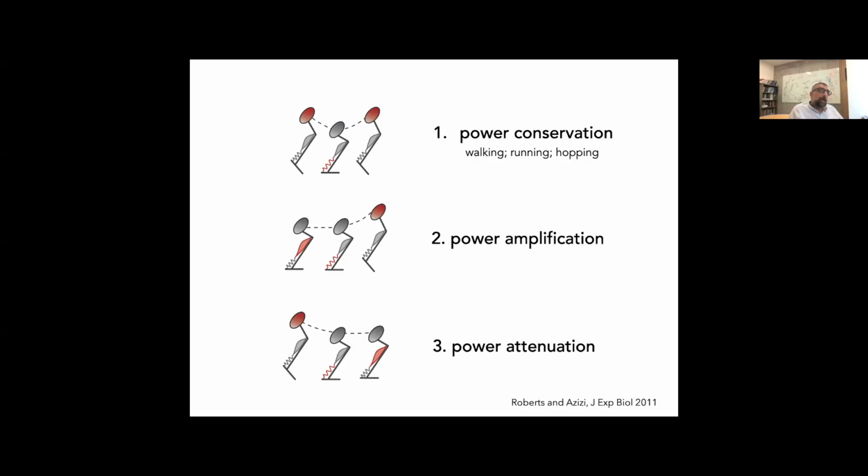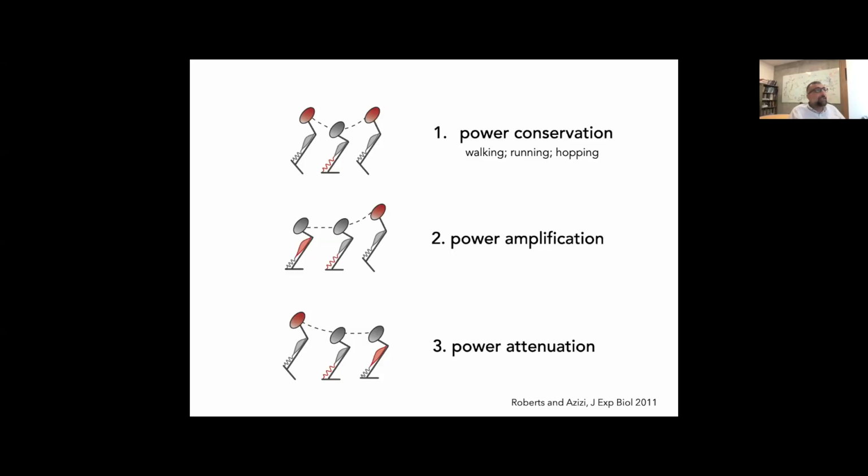So this would be a scenario where the muscle is operating as a strut, but the tendon is really the one that's cycling the energy from the center of mass with each subsequent stride, allowing us to recycle the energy from a previous cycle into the next cycle.